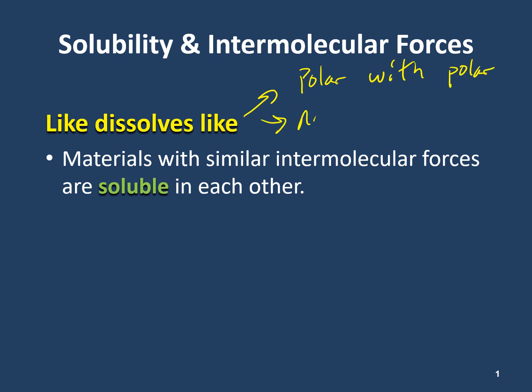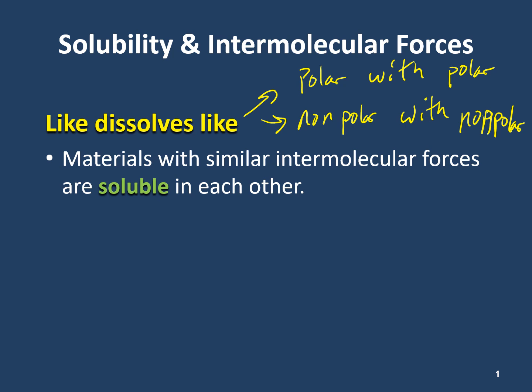In high school, I think it's commonly taught as polar molecules with other polar molecules versus non-polar molecules with non-polar. Now, this works pretty much because when you have polar molecules, their IMFs generally are pretty similar. They're not exactly the same, but they're usually pretty similar.